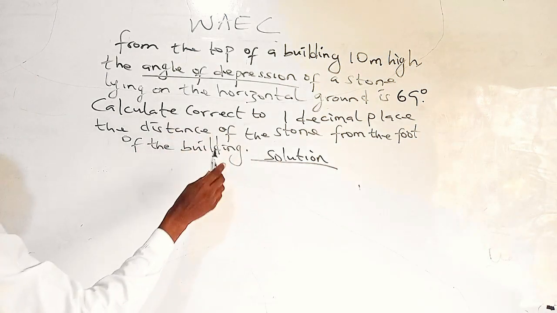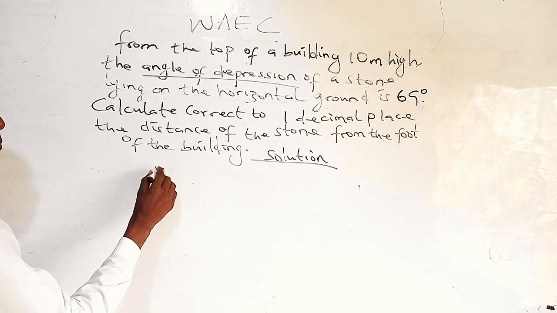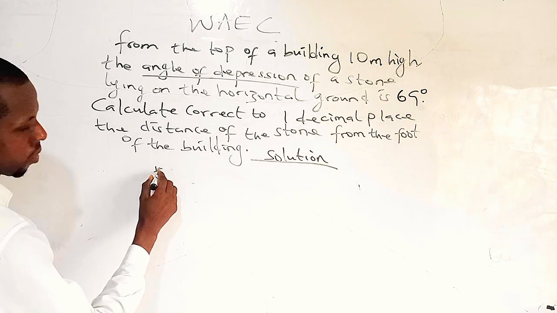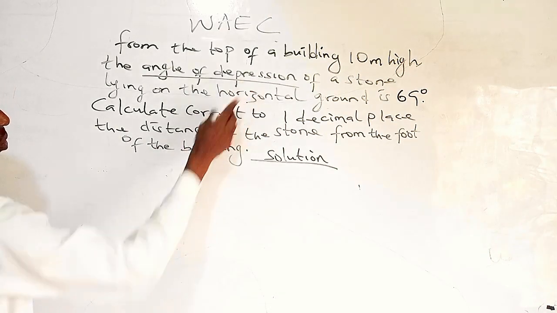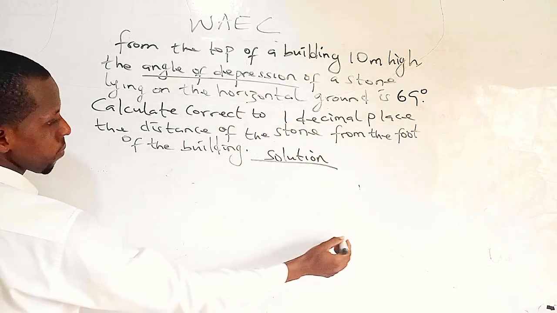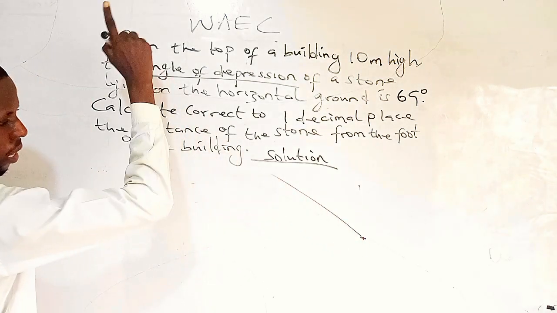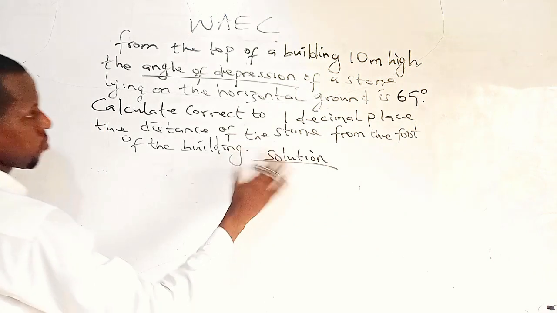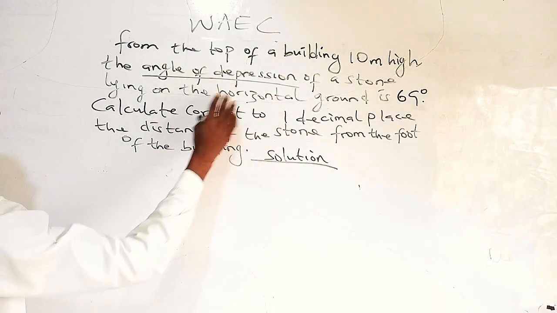Quick tutorial: angle of depression means you are at the top of a place looking down at an object below, while the opposite, angle of elevation, is when you are on the ground viewing an object above you. That is the difference between depression and elevation. So we are working with depression here.